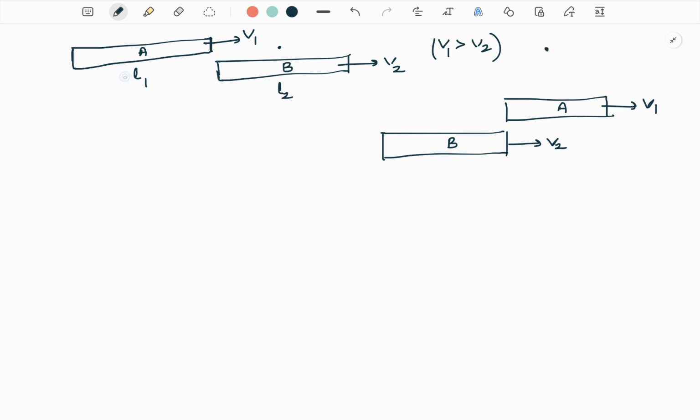We can solve this problem without using the relative motion concept, but we will try to solve it using relative motion. Let me imagine it like this. Assume two people, one in train A and the other in train B, both looking at each other.